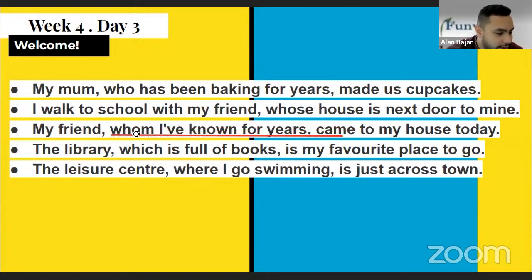My friend, whom I've known for years, came to my house today. My friend came to my house today. And the sentence makes sense.